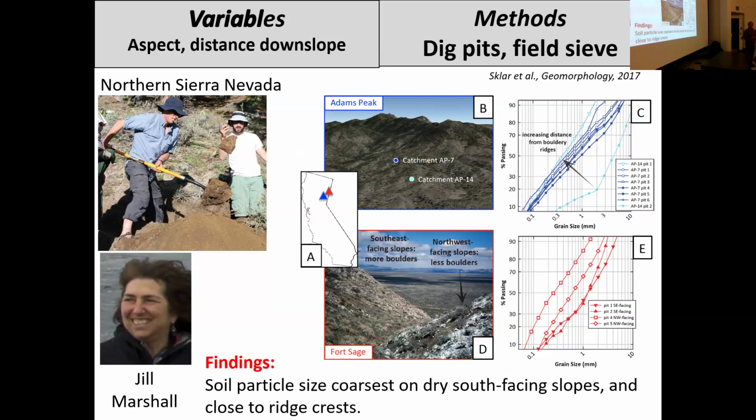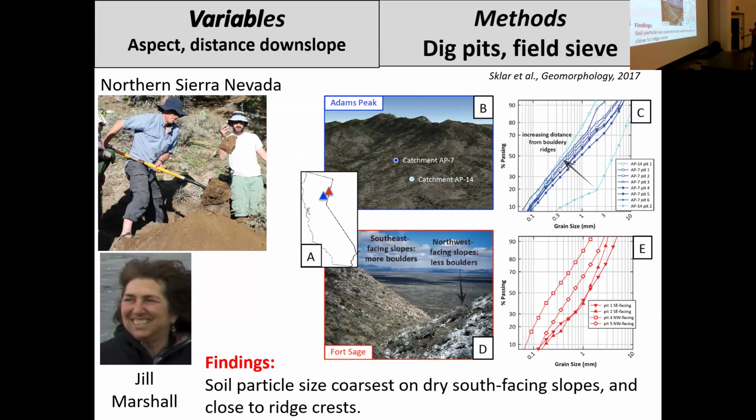And sure enough, fewer rock fragments, and we're looking at the stuff that could be bedload as you go down a ridge, and then also comparing aspect. So the places that were north facing are wetter and had smaller grains.